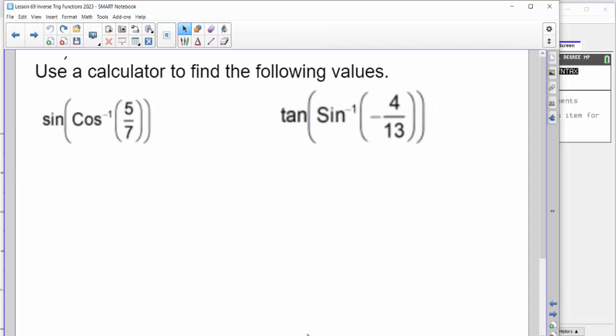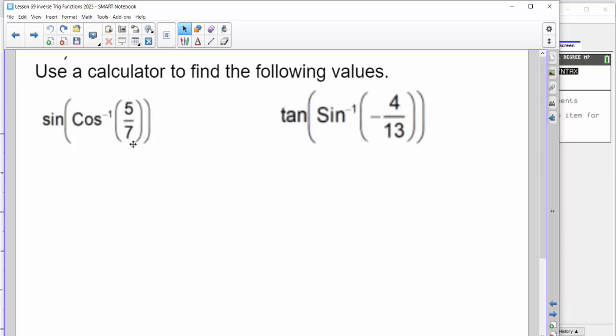So these next two examples are a little different in that I have two functions happening at once. They want me to find the inverse cosine first, followed by the sine, and in this problem the inverse sine first, and then find the tangent after that. Now the problem is, when I'm asked to find the inverse cosine or the inverse sine, the two values they're asking me to find the inverses for are not unit circle numbers.